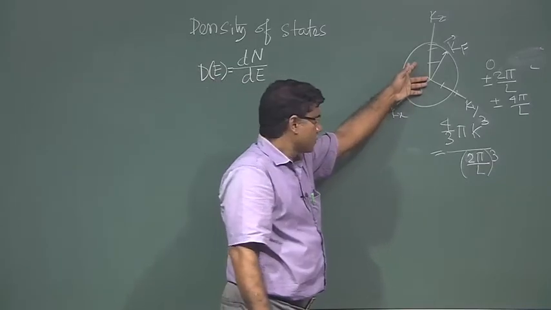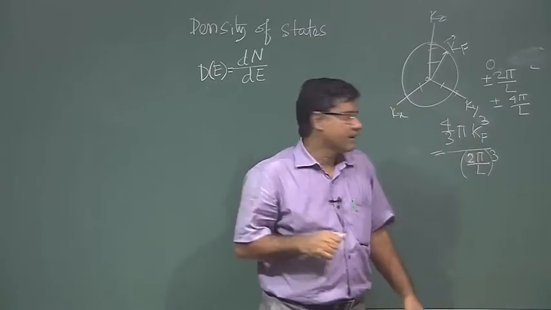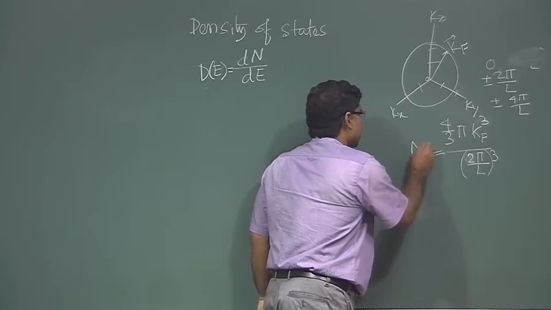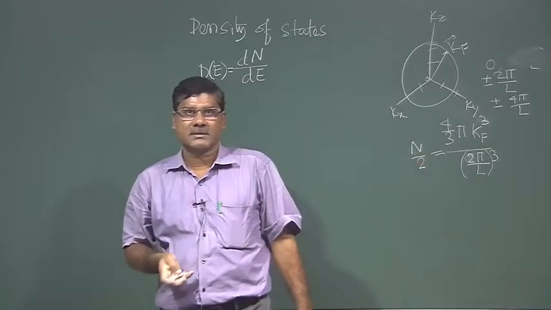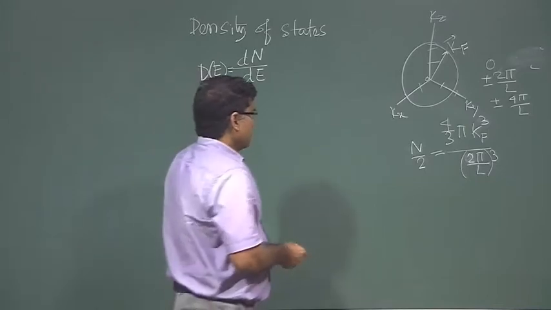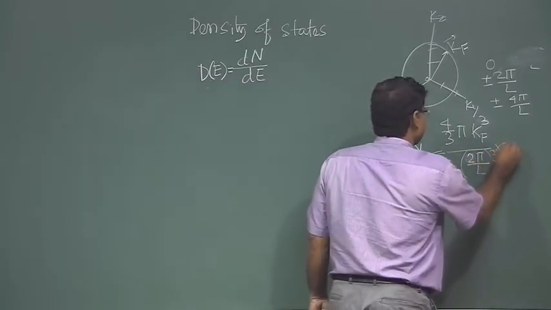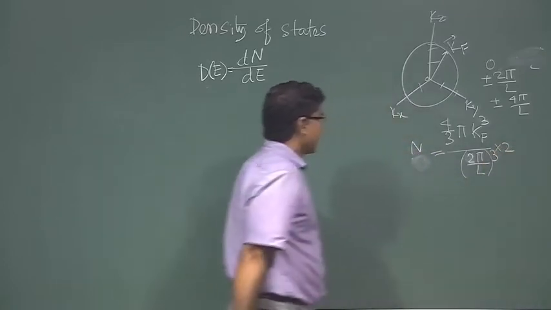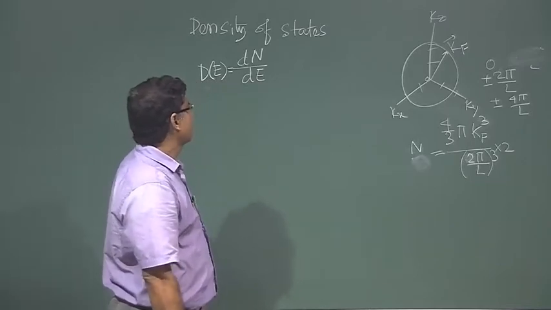So, if you put kF, you can write the total number of orbitals. From here one can calculate n. So, I will just write this value.